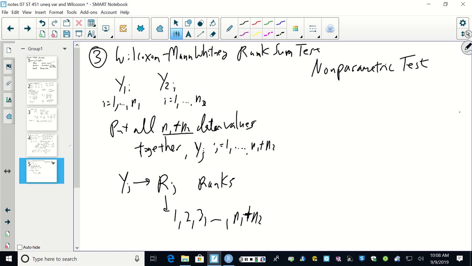Right, and so the statistic that gets used is we're going to sum up these ranks, and the index that we're going to add up is the rank j from the smallest group.